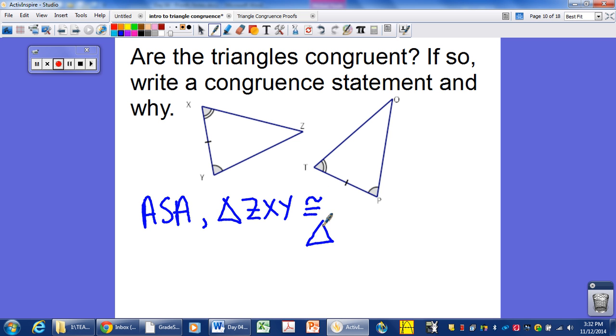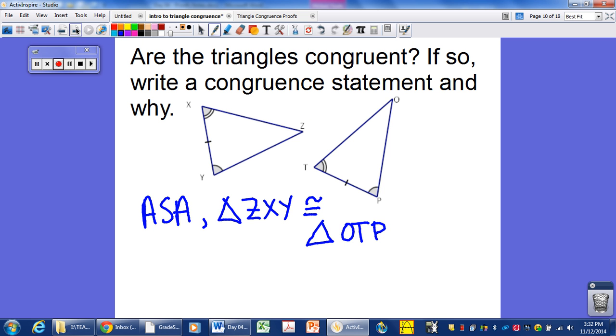Is congruent to triangle. So angle Z goes with angle O, the non-marked side. Angle X goes with angle T. And angle Y goes with angle P. So triangle ZXY is congruent to triangle OTP because they have to correspond. Z to X to Y, O to T to P.